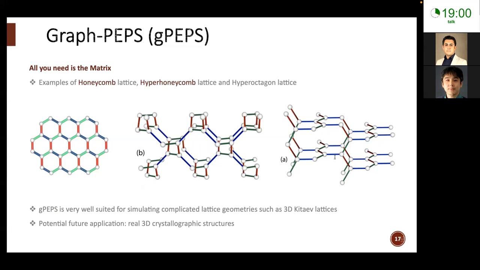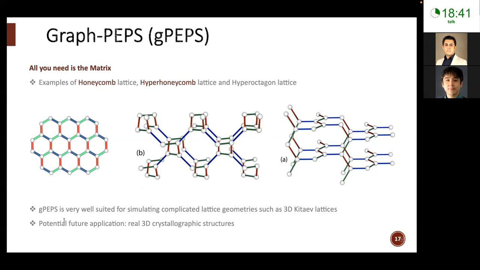And then, of course, it is very interesting and important to be able to apply tensor networks to these structures. I will show you some results of how we applied the graph-based algorithm for simulating the Kitaev model in both 2D and 3D on these kinds of lattice structures.